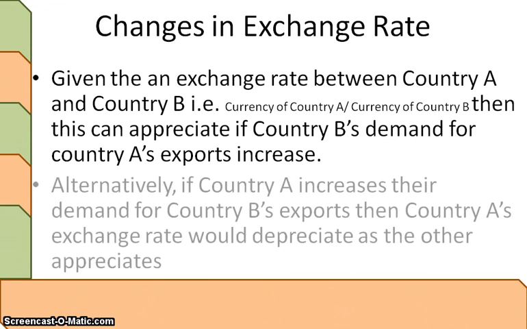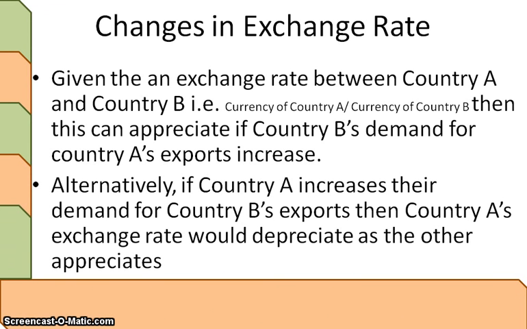So, given the exchange rate between country A and country B, that is, the currency of country A divided by the currency of country B, this can appreciate if country B's demand for country A's exports increases. Alright?